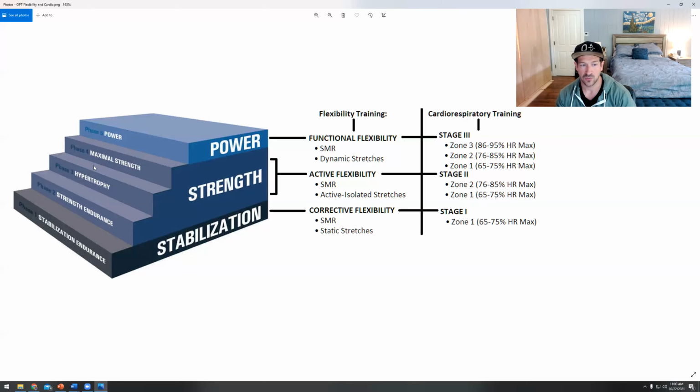That's actually why it supports our strength level so efficiently. Strength, whether it's endurance, hypertrophy, or even max strength, creates a lot of lactic acid as a byproduct of that strength training. Now, down here in stabilization, you were lifting at such a low intensity, we'll say 50 to 70% of your 1 rep max. I'll teach you that on Tuesday. You were lifting at such a low intensity that the lactic acid was getting cleared out by your aerobic energy system.